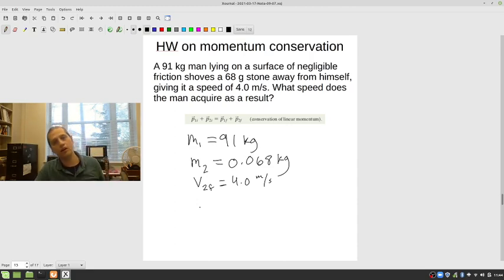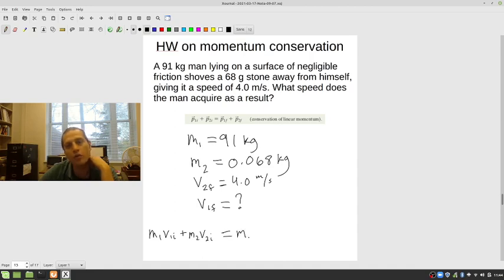What speed does the man acquire as a result? So we want to find V1 final equals question mark. Now, conservation of momentum tells me that if I take M1 V1 initial plus M2 V2 initial, the momentum of the first object plus the momentum of the second object, equals M1 V1 final plus M2 V2 final.